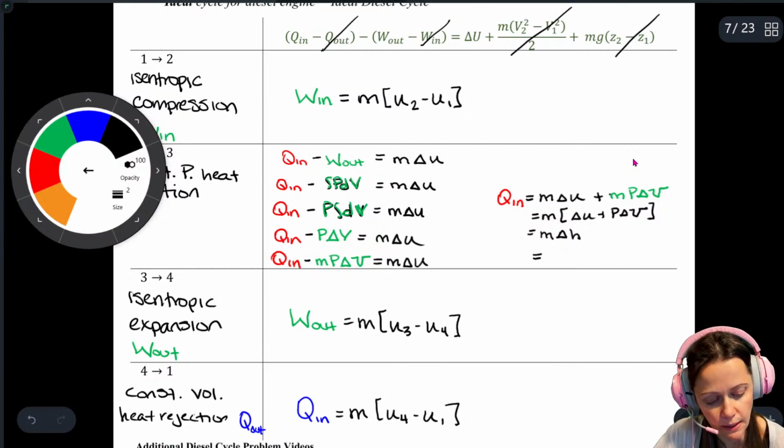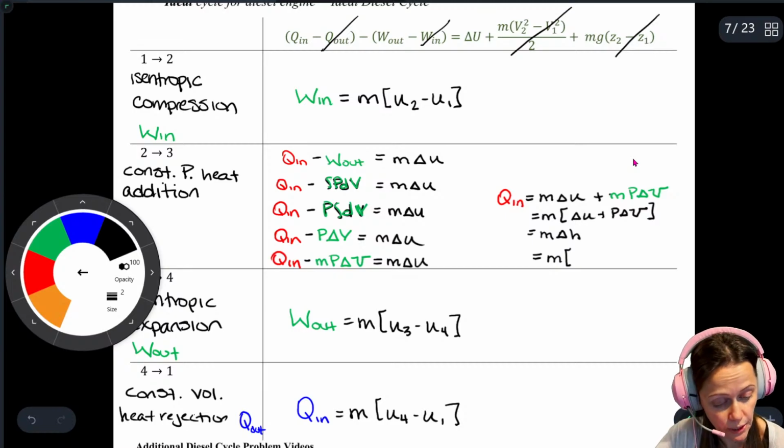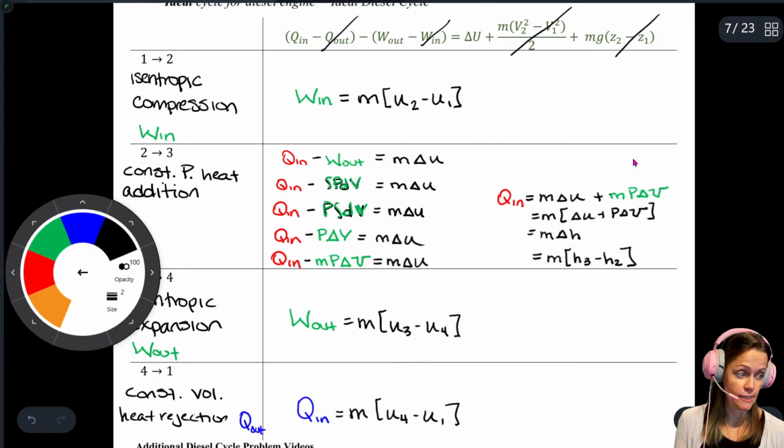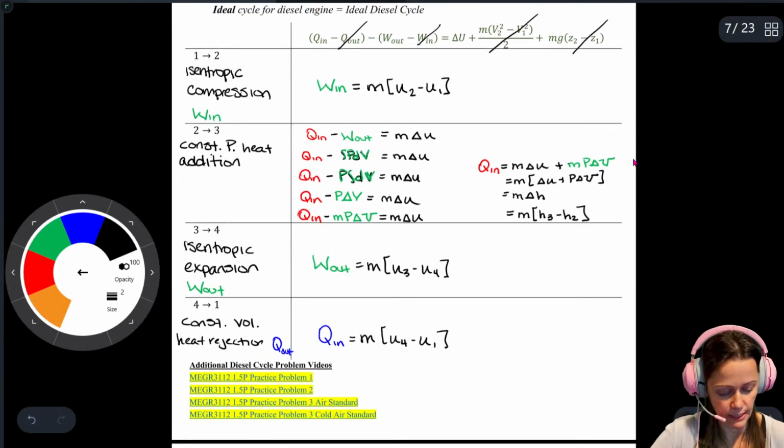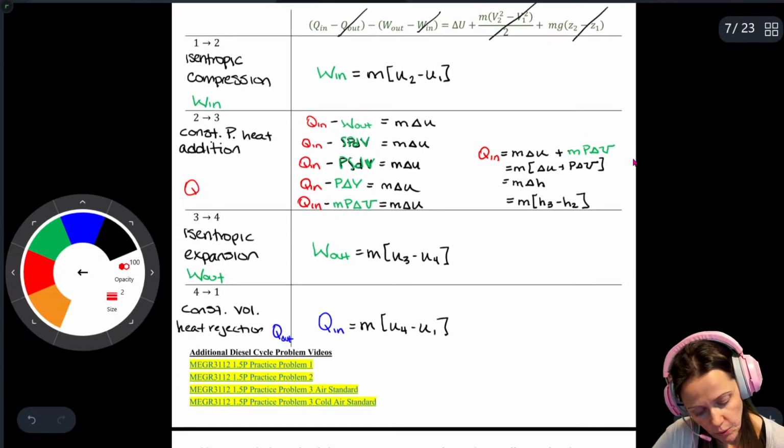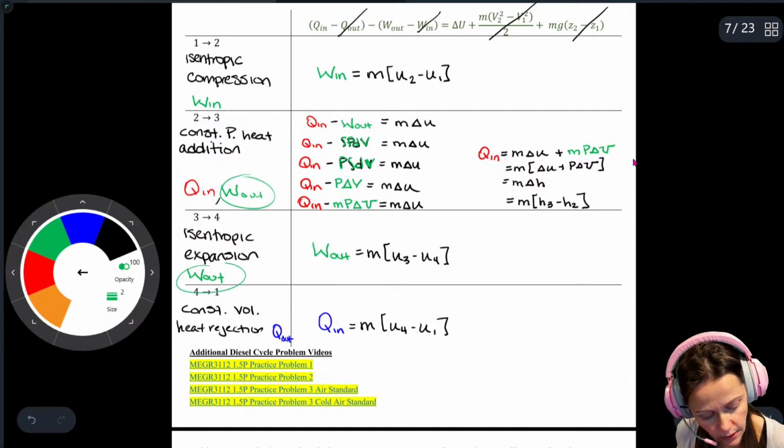So this becomes m times delta H between 2 and 3. So it's what it is after minus what it is before. So the big takeaway message is that you do have boundary work that you're going to have to take into consideration there. And so that alters the first law. And then the other takeaway message is that in addition to a heat input, you also have a work output. So you got one here and you got one there.